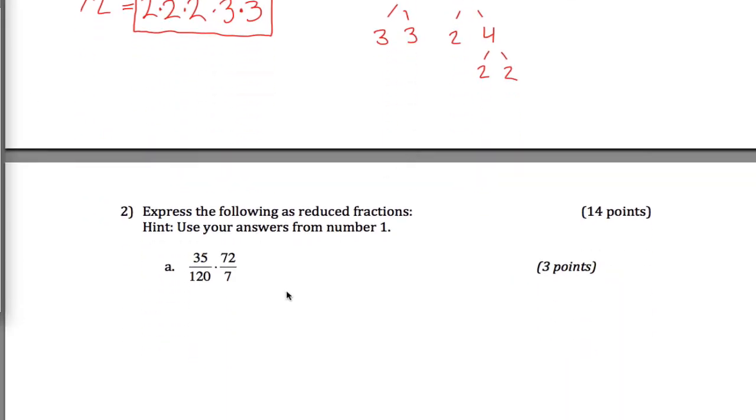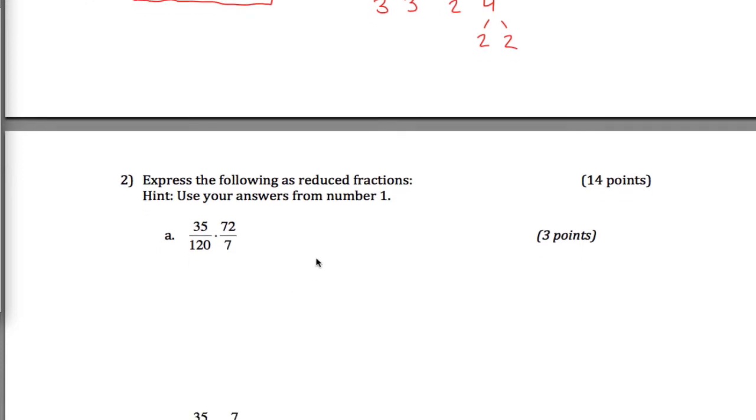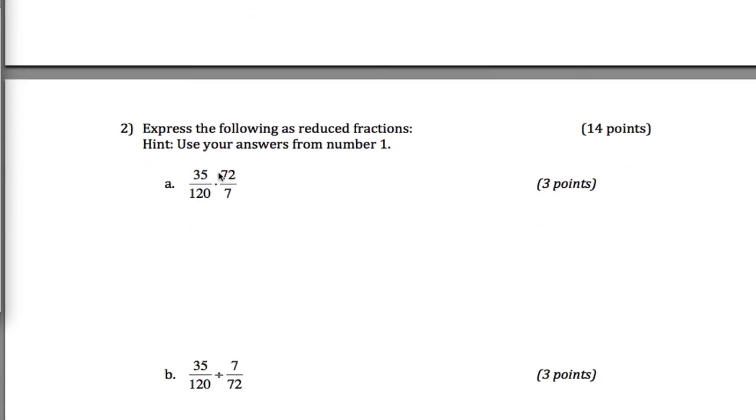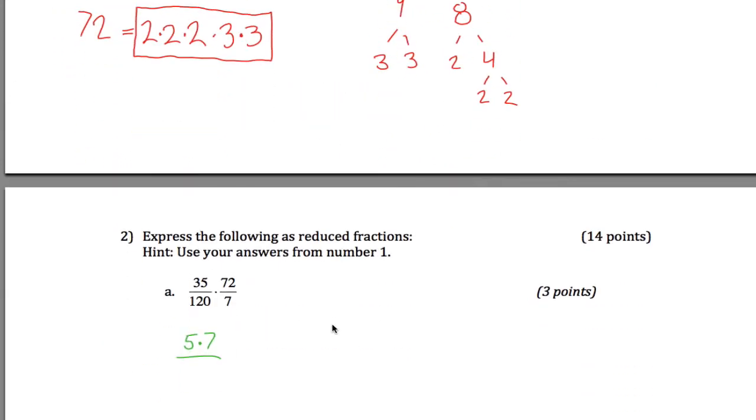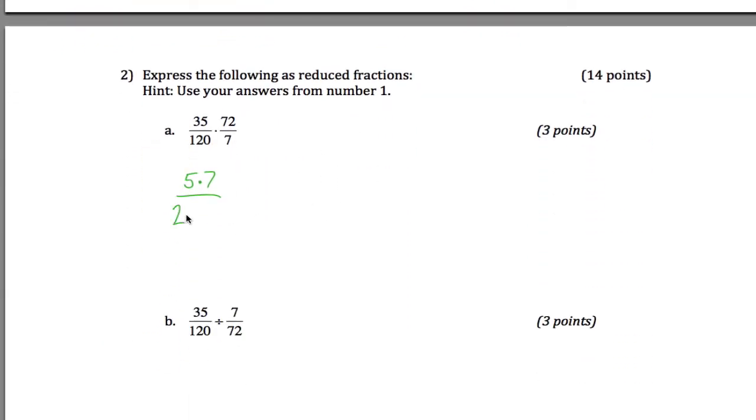The second problem has you use that stuff that you just figured out. So what it wants me to do is multiply together these two fractions. And the way it wants me to do it is by using those prime factorizations I got from above. So earlier I found out that 35 was 5 times 7. And 120 was 2 times 2 times 2 times 3 times 5.